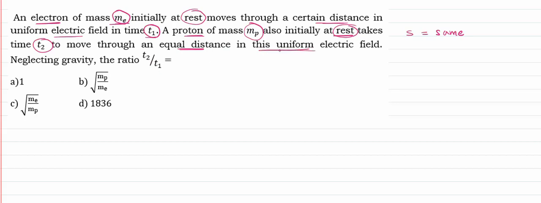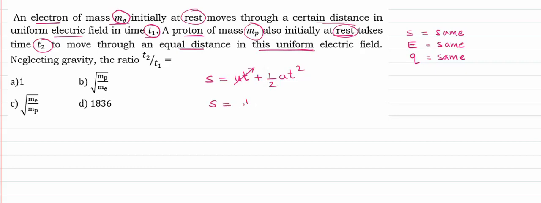In this uniform electric field, E is the same. The charge of both proton and electron is the same in magnitude, the sign is different but the value will be the same. You are required to find t. If I take the formula, s is equal to ut plus half at square, initially both are at rest, so u will be 0.